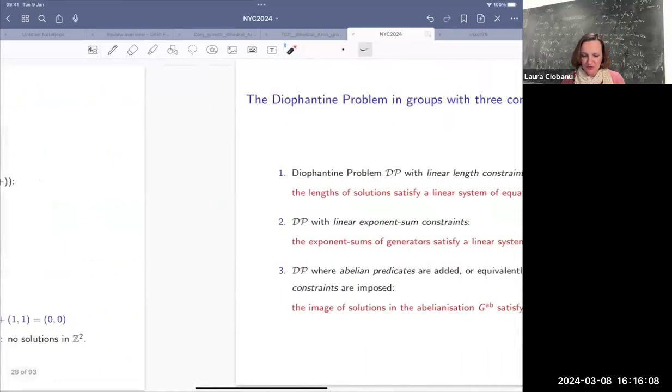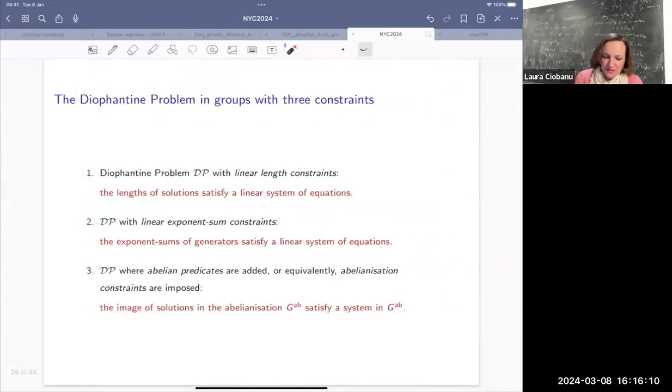So 3 types of constraints. The first one is the Diophantine problem, so this is why I have DP with linear length constraints. So I'm asking the lengths of solutions to satisfy a linear system of equations. The second problem is linear exponent sum constraints.